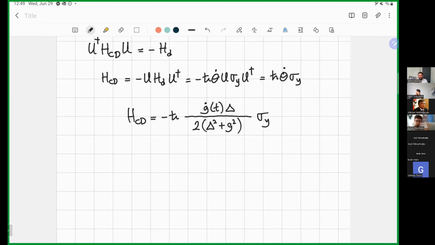For example, for a single spin, so this is a spin 1/2 particle, in order to prevent diabatic excitations, or to keep this single spin in its adiabatic path when we are changing a parameter, we need to apply an external field, an external magnetic field in this case, and since we are talking about the spin, they couple to magnetic fields in the y direction.